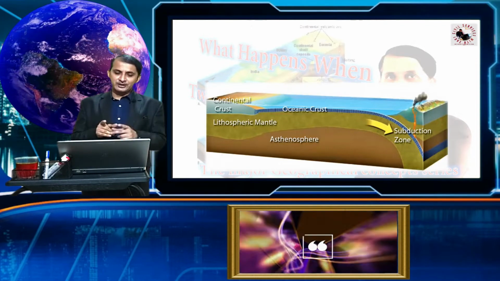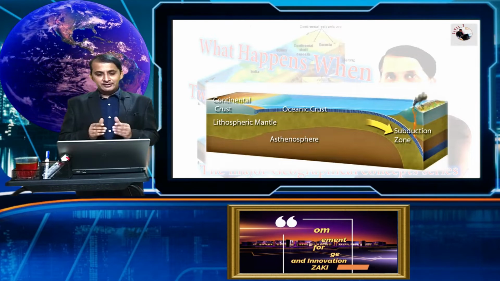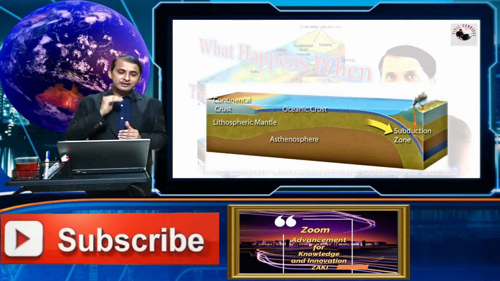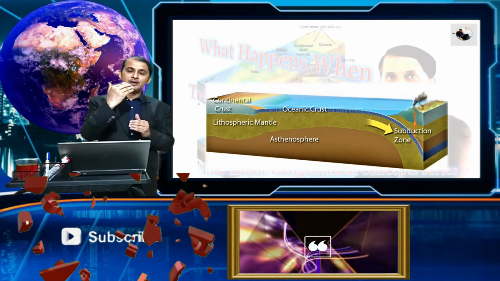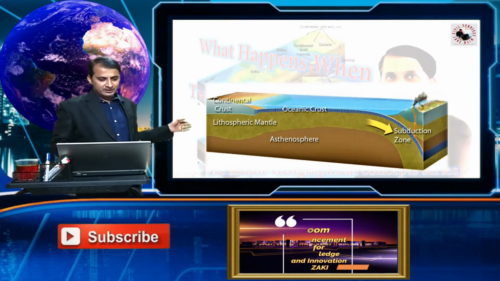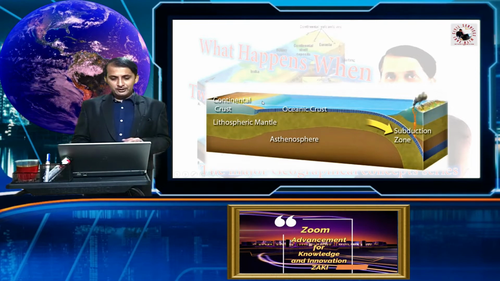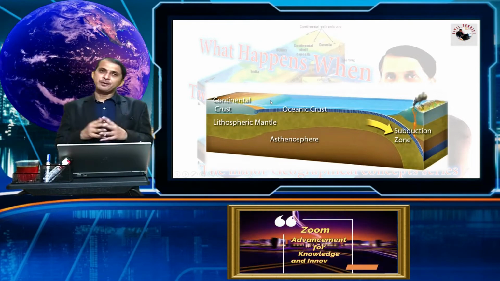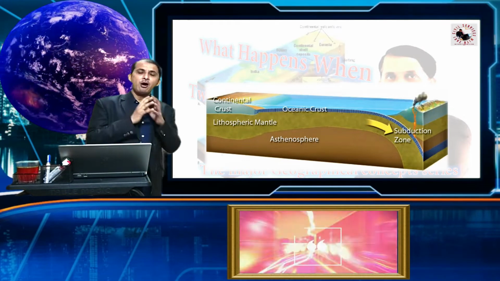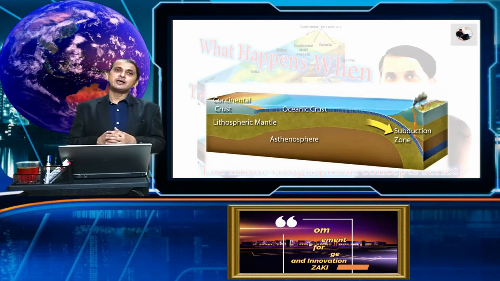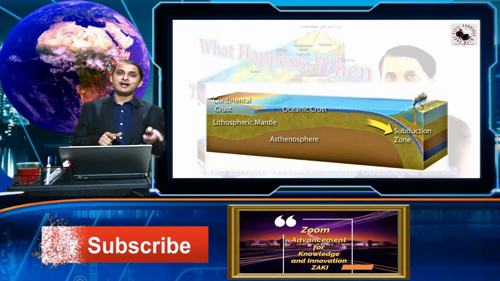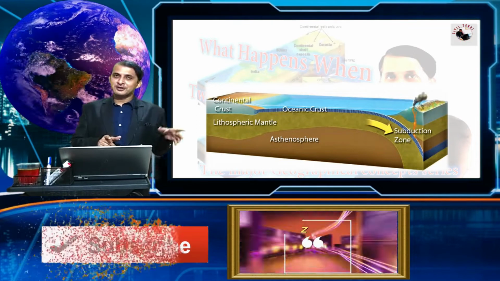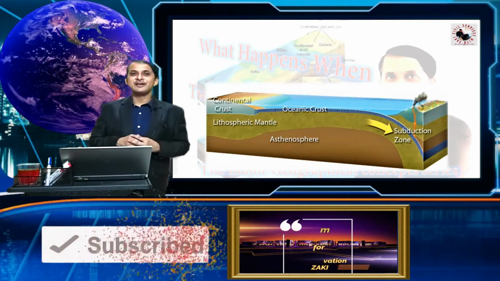The lithosphere is made of the upper mantle and the crust, as you see here. There are two types of crust, continental crust and oceanic crust. Oceanic crust is thinner and denser, and continental crust is thicker and lighter.